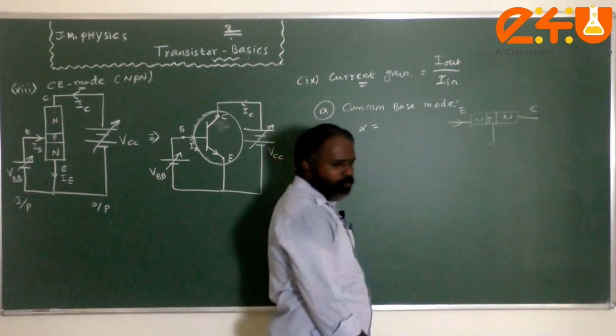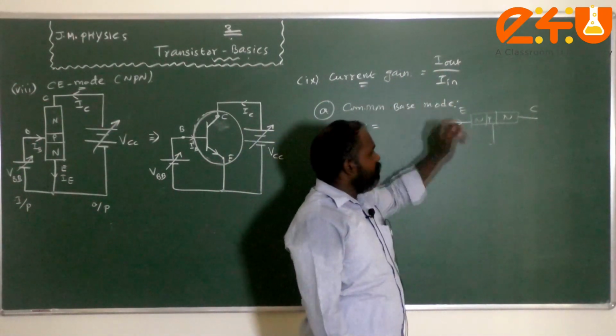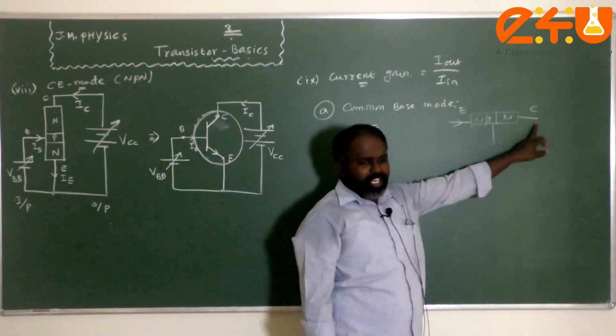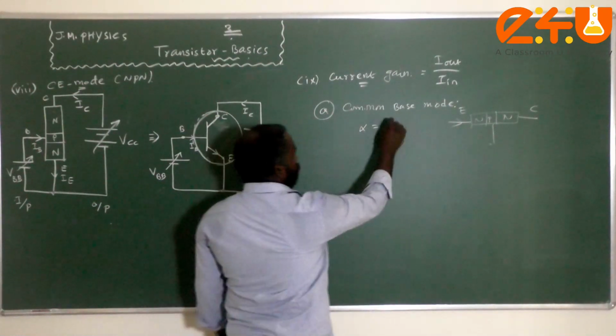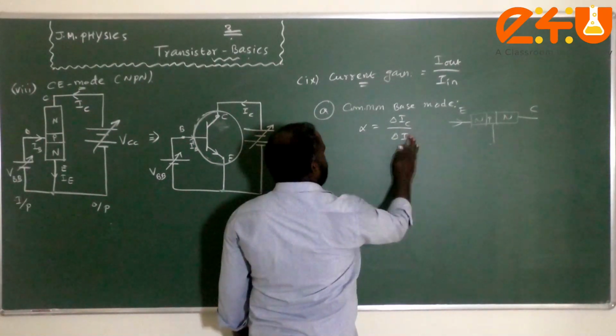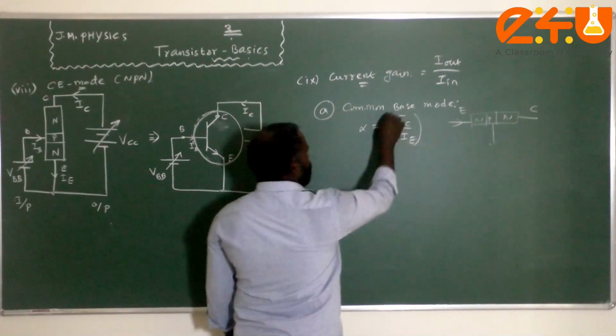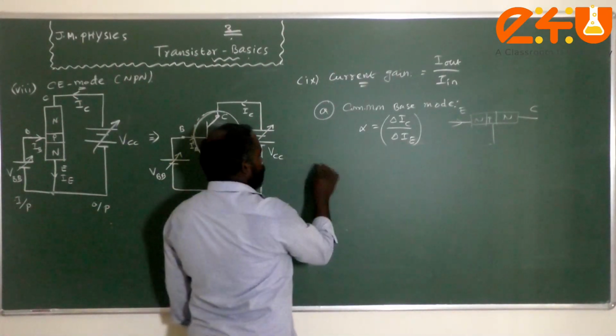Current gain is output current by input current, so the output current is collector current and the input current is emitter current. Therefore alpha is defined as delta IC divided by delta IE. Delta means a change in that value.